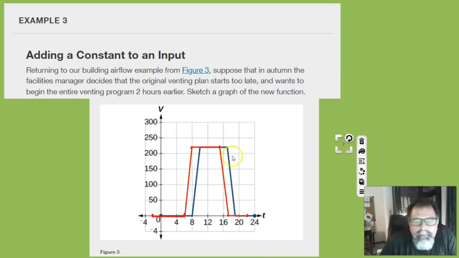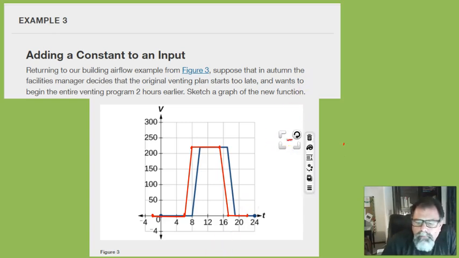It's the exact same shape as the blue one, just shifted 2 units, or 2 hours, which is 2 units, to the left. Oh, and then if I wanted it, if we called, so remember the blue one was y is equal to f of x.